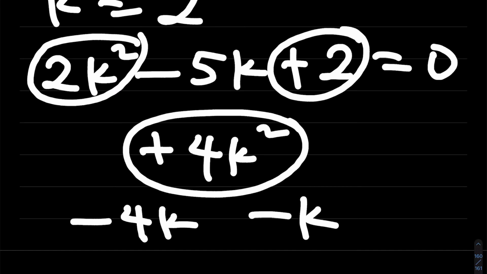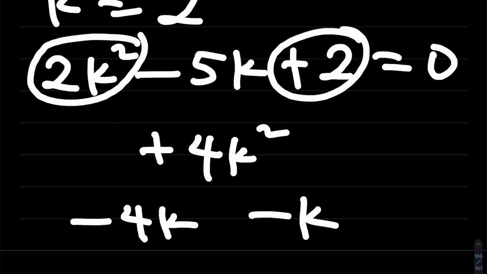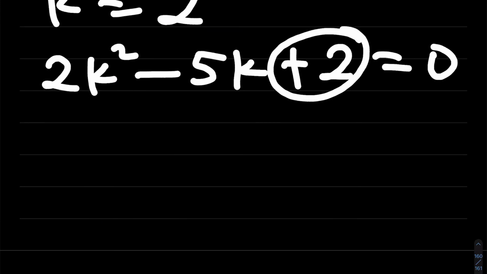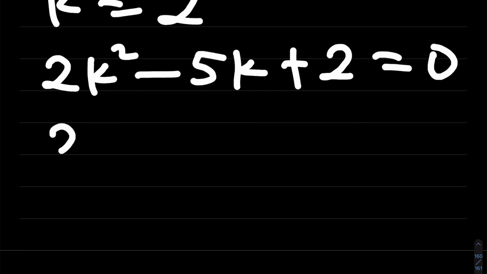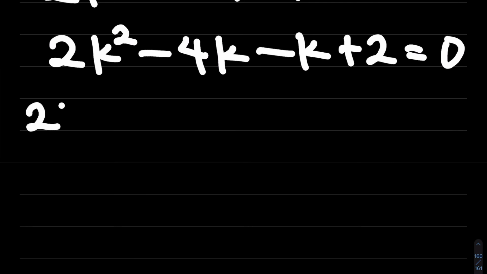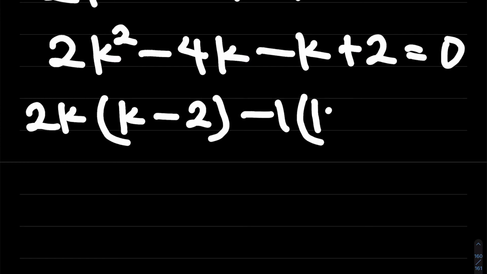Minus 1k is the same as minus k, so that's what we're going to replace minus 5k with. Instead of writing minus 5k, I'm now going to write minus 4k minus k, and the equation becomes 2k squared minus 4k minus k plus 2 equals 0, which is equal to 2k into bracket k minus 2 minus 1 into bracket k minus 2 equals 0.